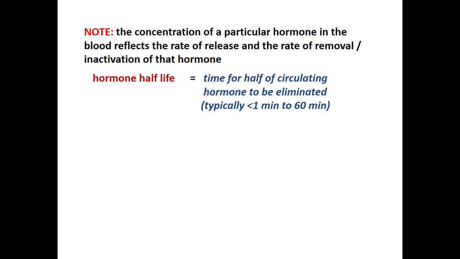We can estimate the hormone half-life for any of the hormones that are released into the blood. This is basically the time it takes for half of the circulating hormone to be eliminated. For most hormones, the half-life would be less than 1 minute and up to an hour, but it's highly variable.